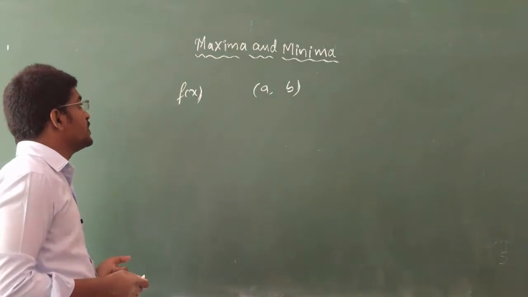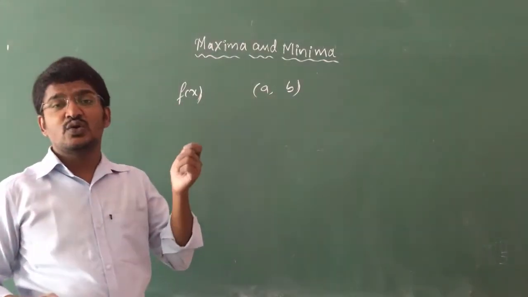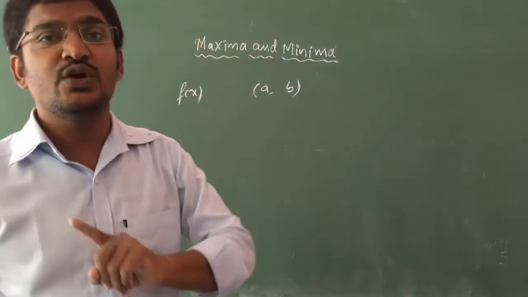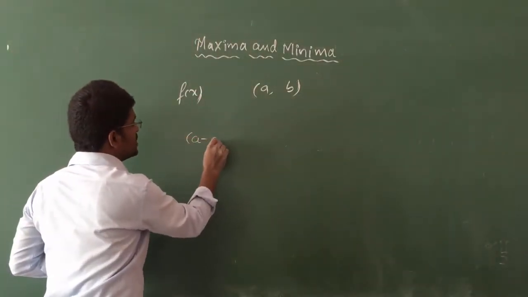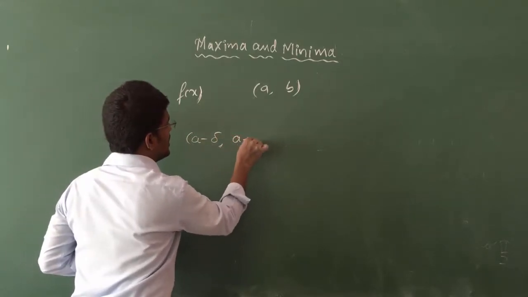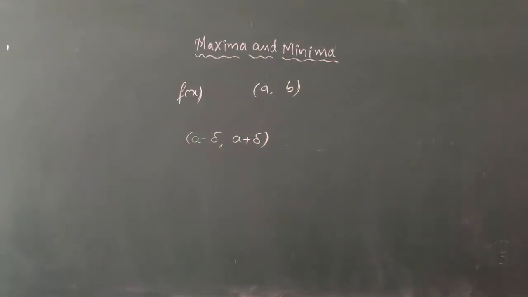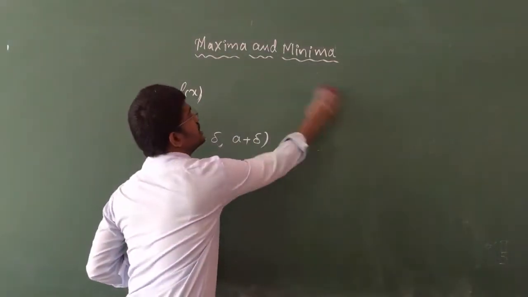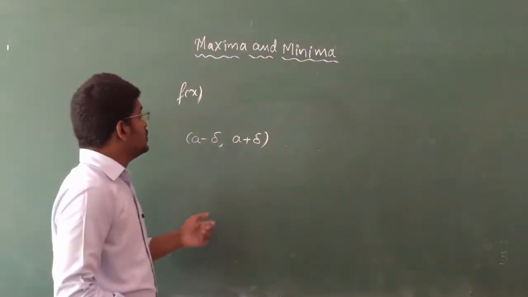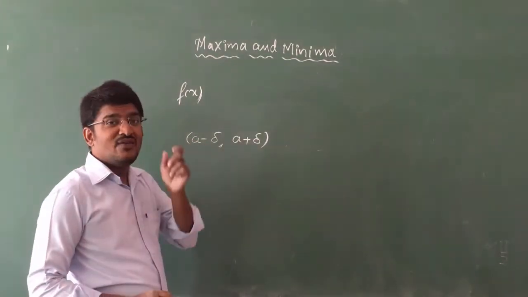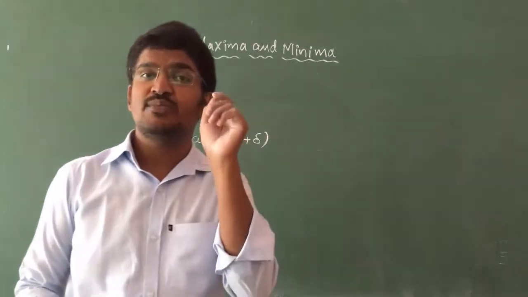Clear? Okay. So now f of x is said to have a maximum value of that term, that is a minus delta and a plus delta. A minus delta and a plus delta. This interval I will remove so that you will not get confused. Clear? So what I will do, I will take one point a for which I have to calculate maximum.